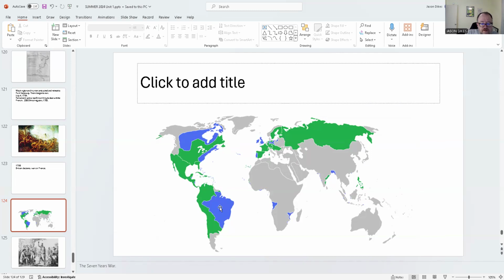So England, Portugal, colonies, and some of the Germanic versus the French and their allies, France, Spain, what will one day be Germany, which is still the Holy Roman Empire, and the Russians here. So this is really a world war, again, and it's a world war that breaks out over control of the Ohio Valley.